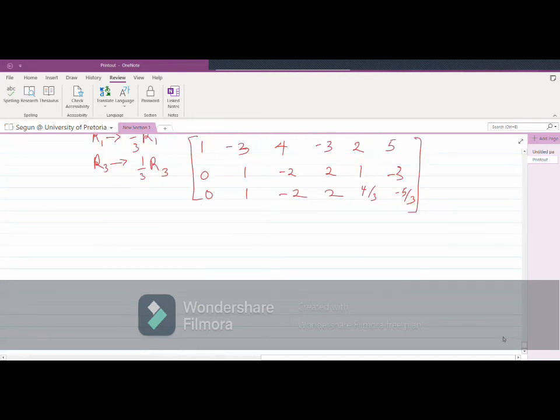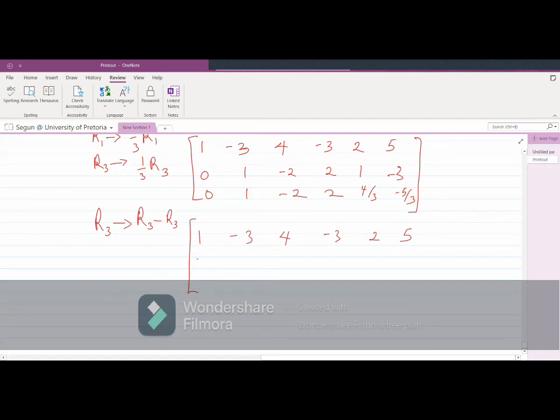So the next thing is, which one do we need to reduce now? R3. Yes, correct. Then what will our R3 operation be? R3 minus R2. So it's going to be 1 minus 3, 4 minus 3, 2, 5.